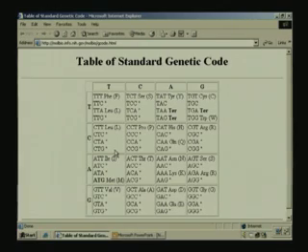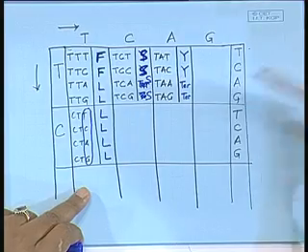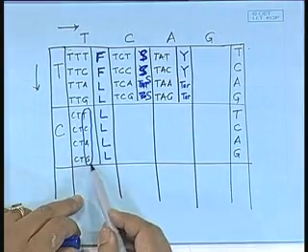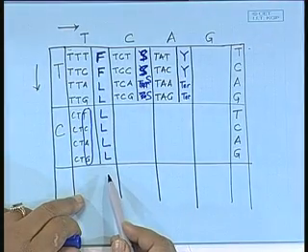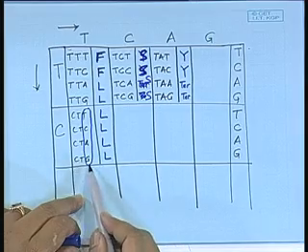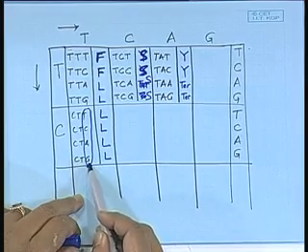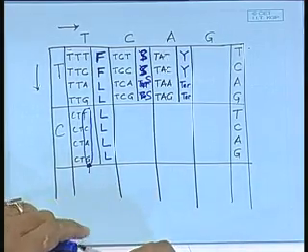Now, the interesting thing here is that for this case the third base actually does not matter. Why does the third base not matter? If you look at the leucine codes, CTT, CTC, CTA, CTG all give you leucine, right? So, it means that this base may be something else.